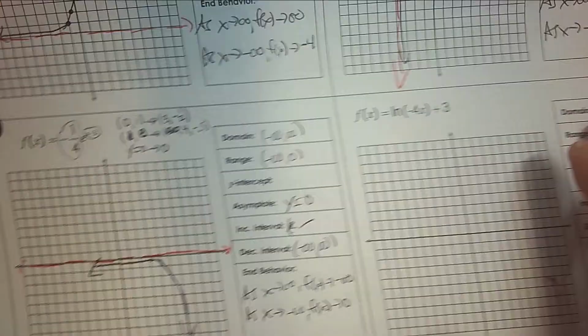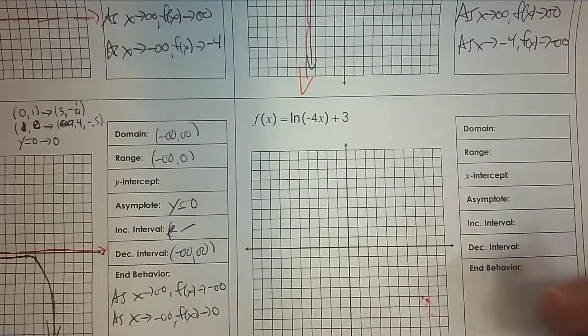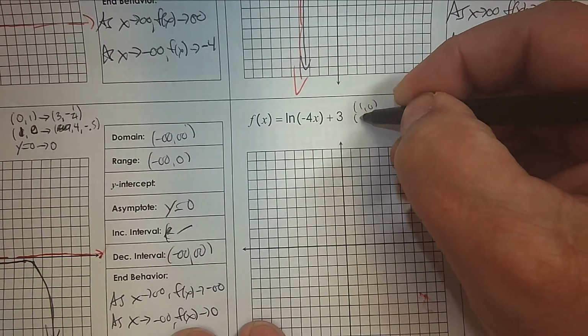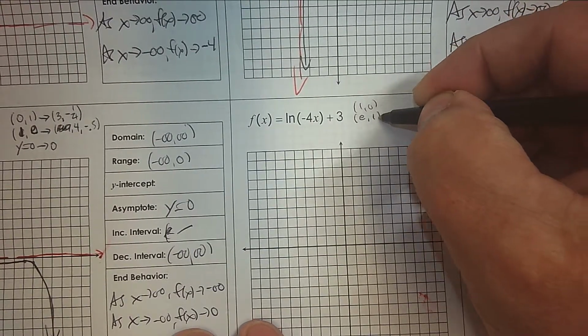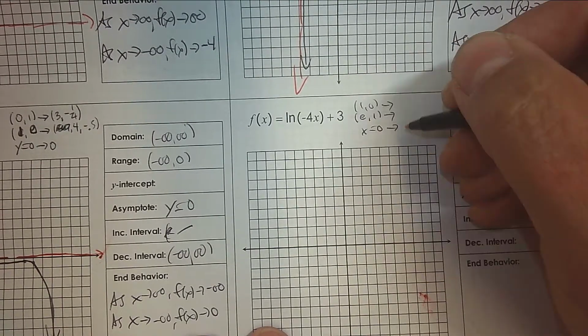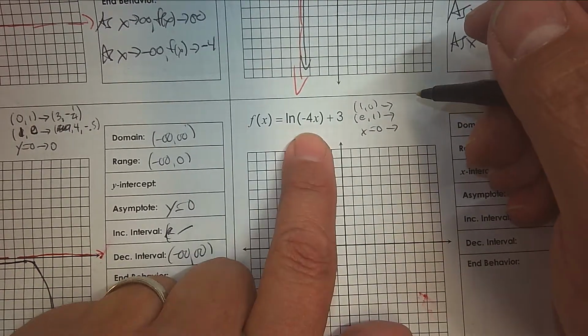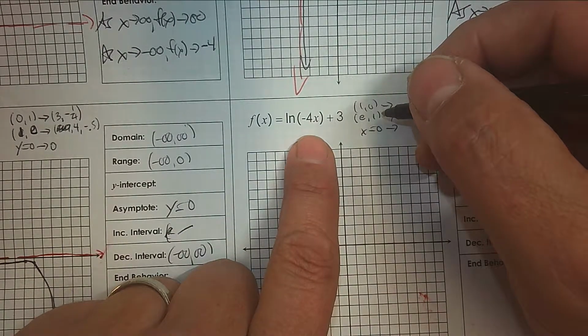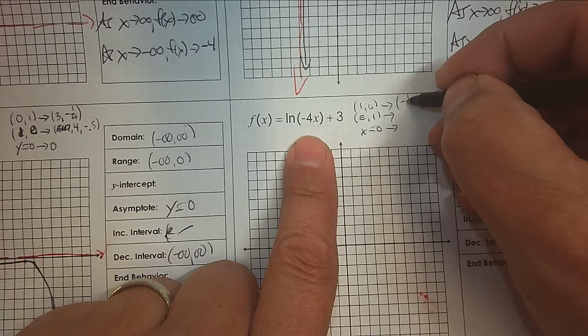Same thing over here. If I'm doing the logarithm, I'm starting with 1, 0, and then the base and 1, and x equals 0. So inside, do the inverse. So the x's: divide by negative 4. So that's negative a quarter.